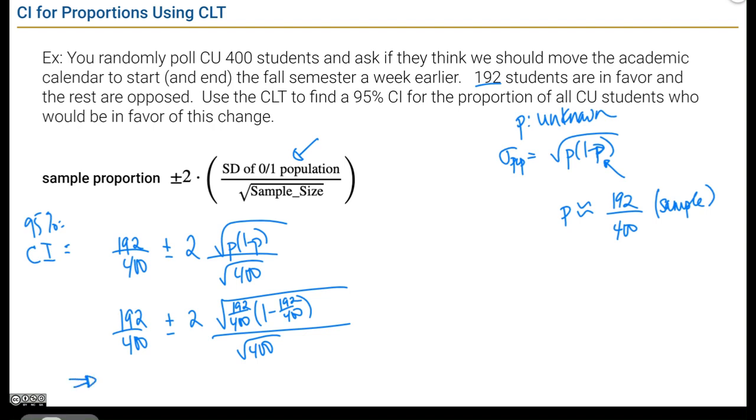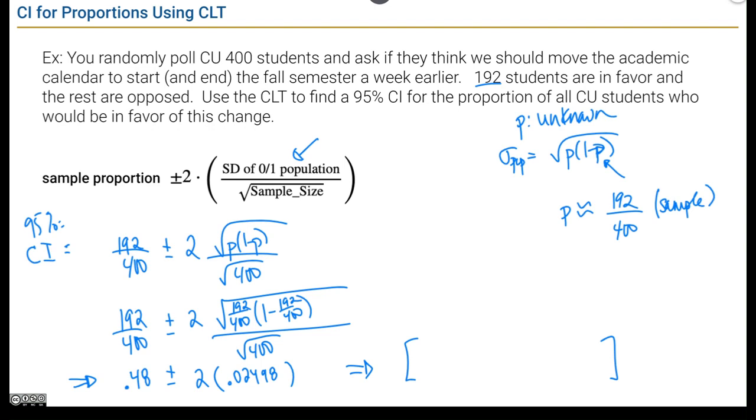And that's going to get me 192 out of 400, which is 0.48, so 48% in favor, plus or minus 2 times, and this is just going to be approximate, this ends up being 0.02498. It keeps going, but that's pretty good. That implies, here's my interval.